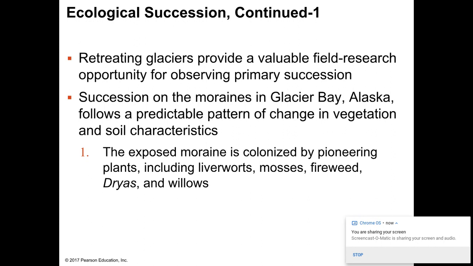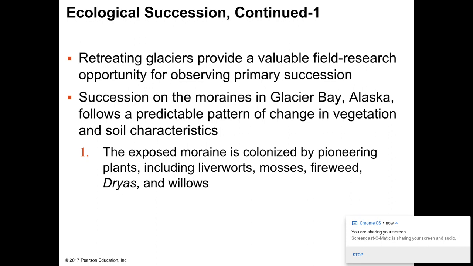There are a couple of really good places to study succession. Retreating glaciers are a great place, because when a glacier melts, we're seeing dirt that has no soil built up, no nutrient content. Sandy areas, like dunes, are another great place to study succession.